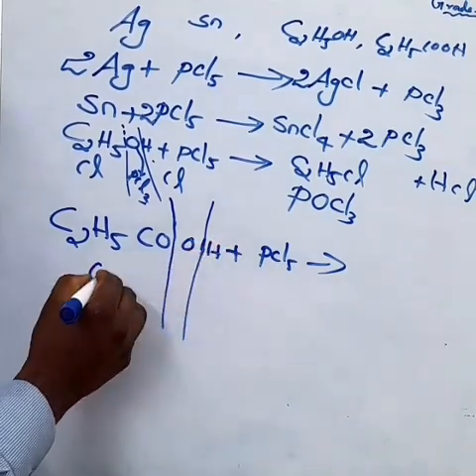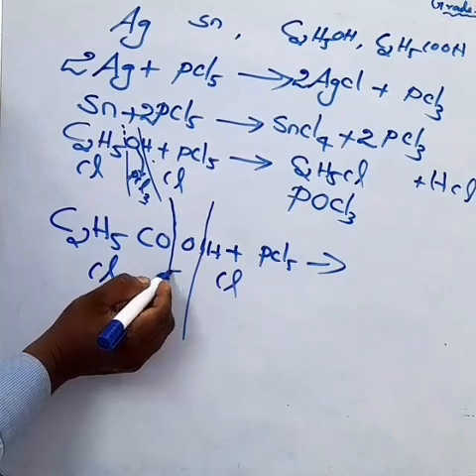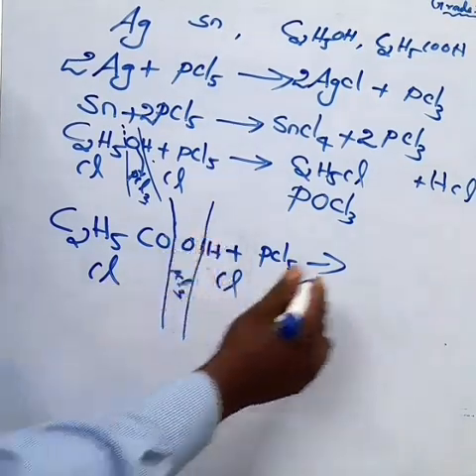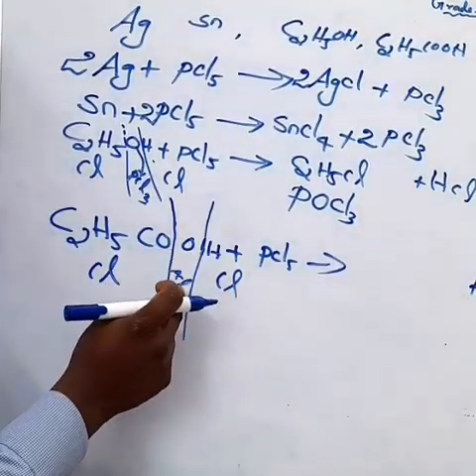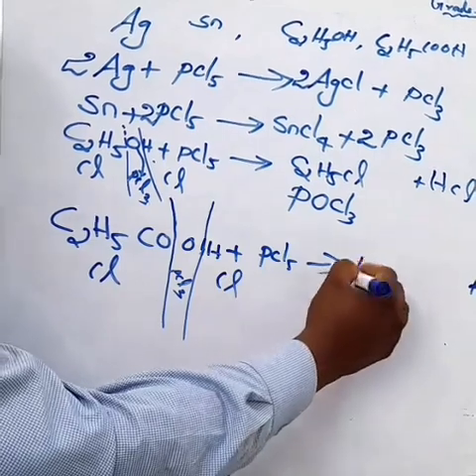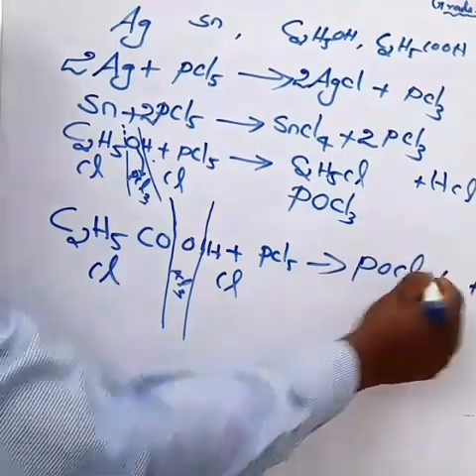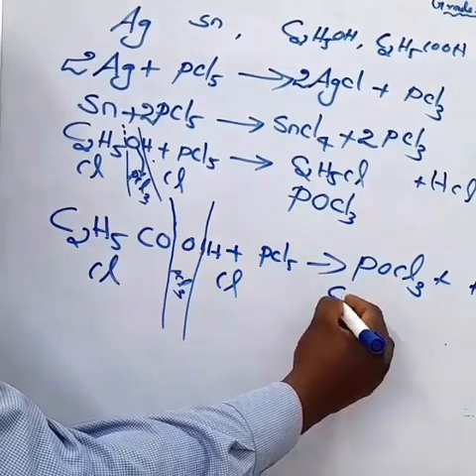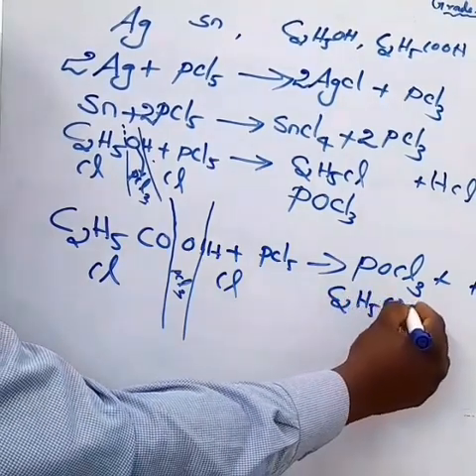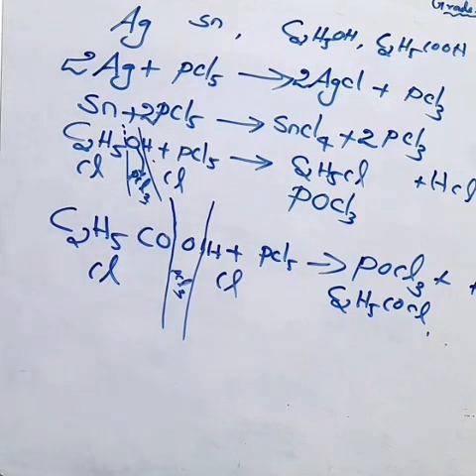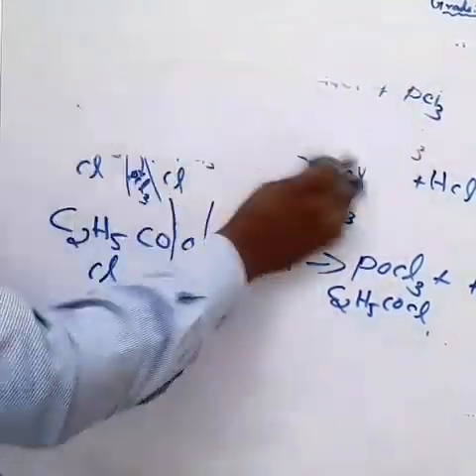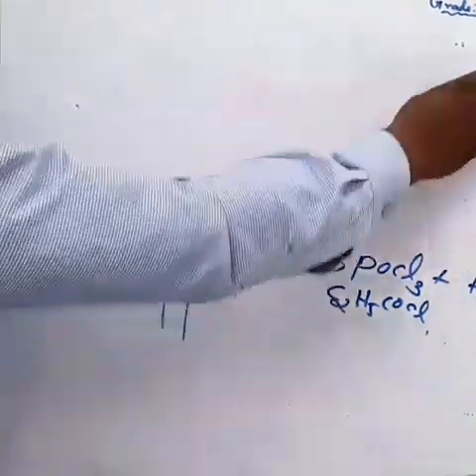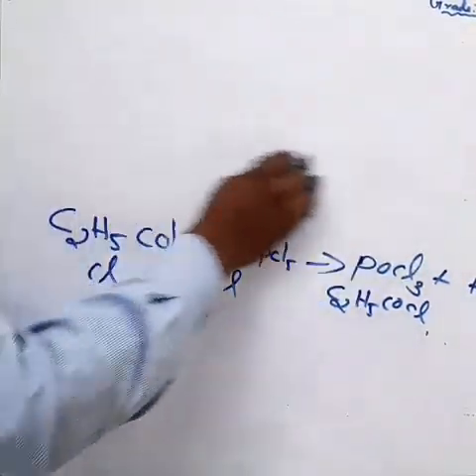Here, one of the hydrogens from propanoic acid reacts with the Cl to form HCl, and the phosphorus combines with one of the oxygens and 3 chlorine atoms, we get POCl3, and the remaining chlorine atom reacts here to form C2H5COCl, propionyl chloride.